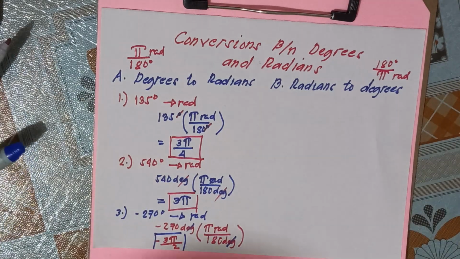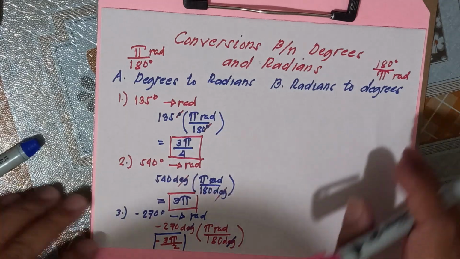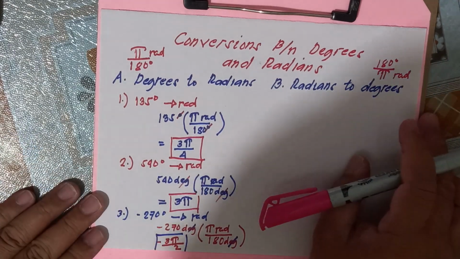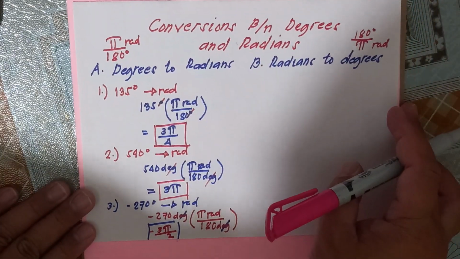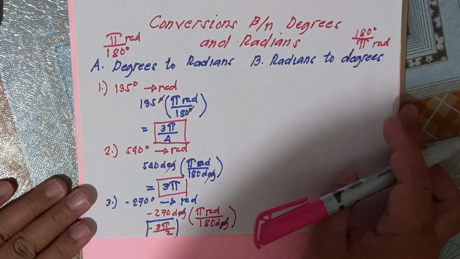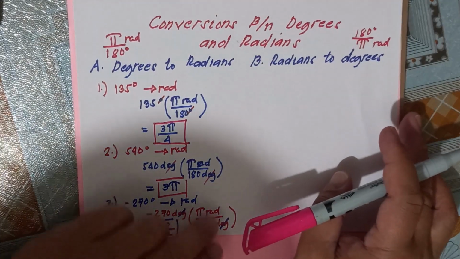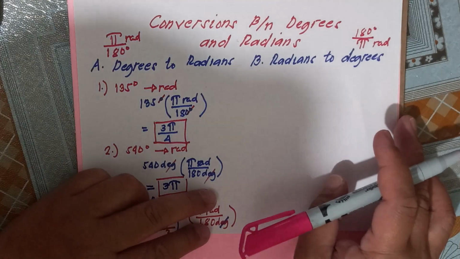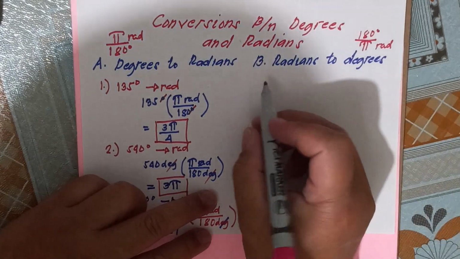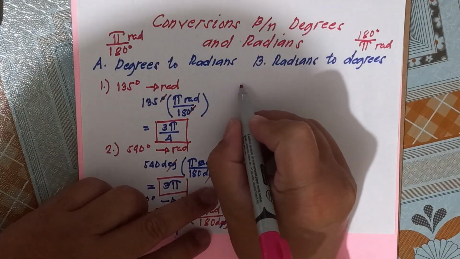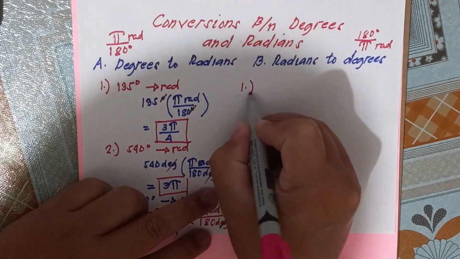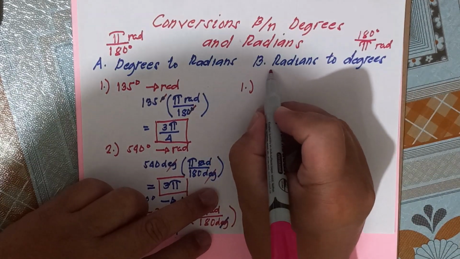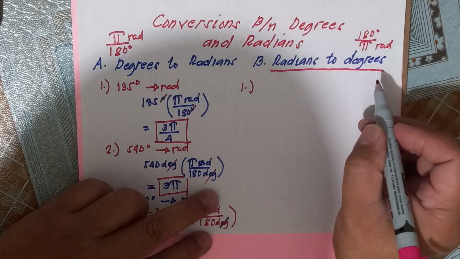Now another one, what about if we are going to reverse the conversion, say radian to degrees? Of course we can always elaborate this one by making an example. Our focus is radian to degrees.